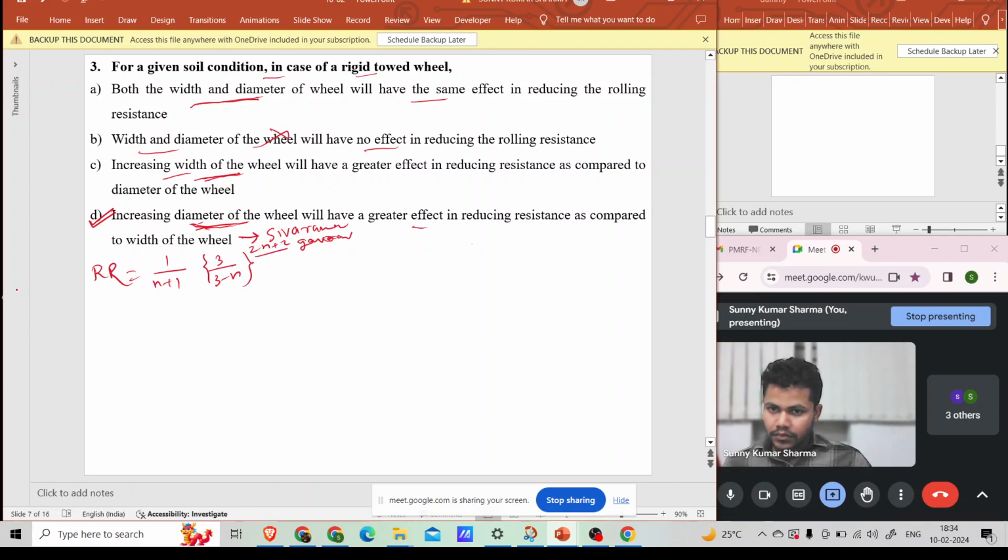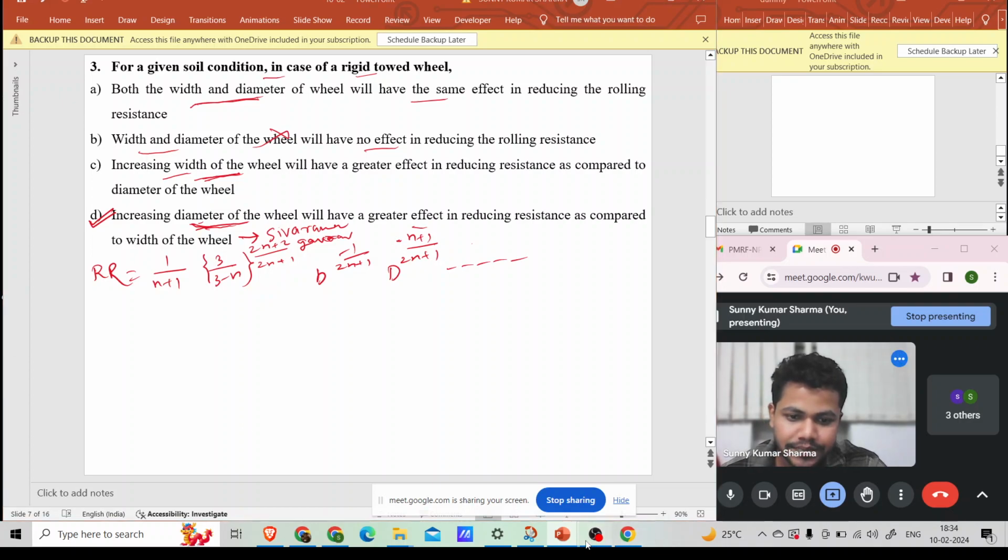Then I substituted n equal to 1, and among those, diameter gave the higher power value in the negative term. So using that, I'm assuming that D may have the most effect on rolling resistance.